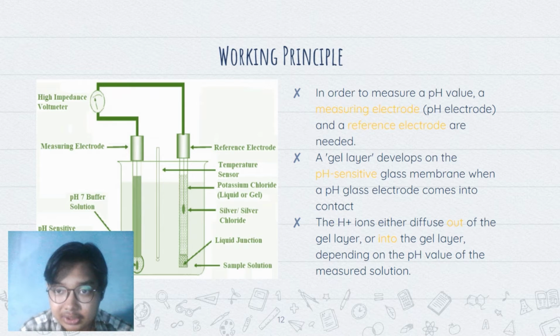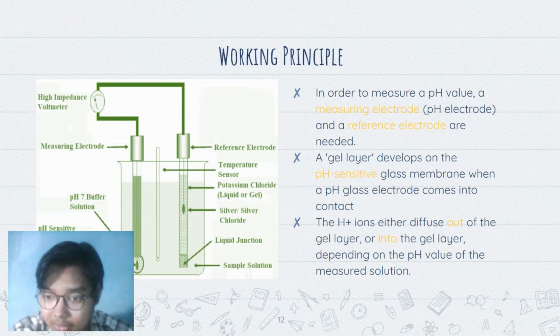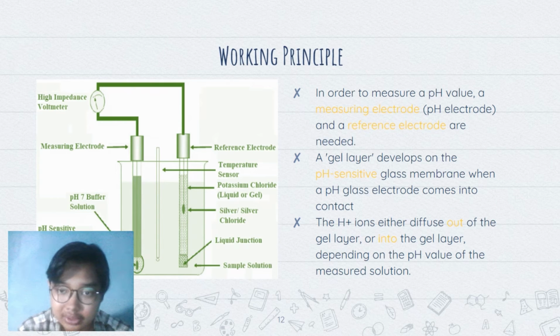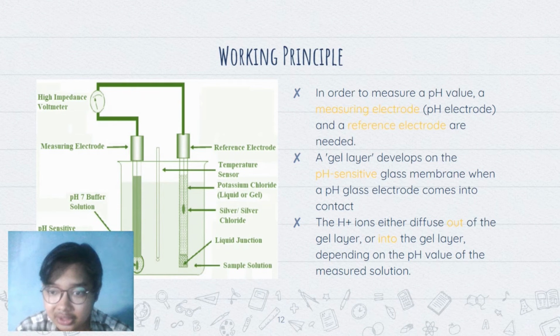In order to measure a pH value, a measuring electrode, or pH electrode, and a reference electrode are needed. So we have two electrodes, the measuring and the reference one. A gel layer develops on the pH-sensitive glass membrane when a pH glass electrode comes into contact with the solution.